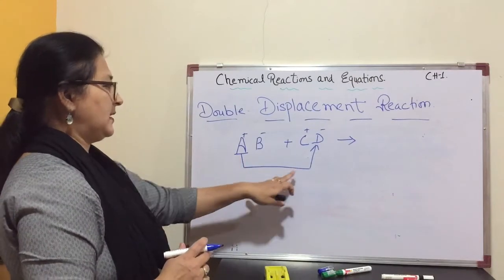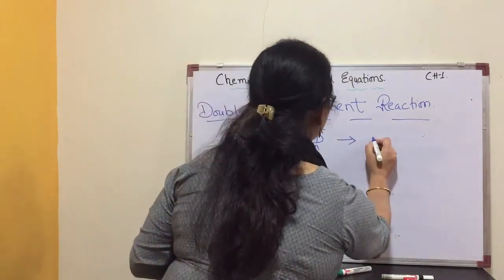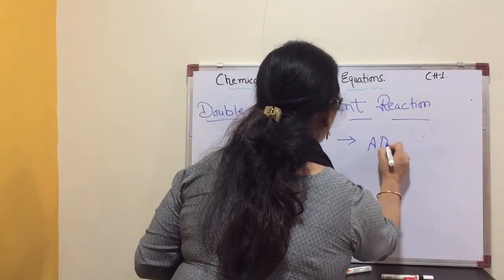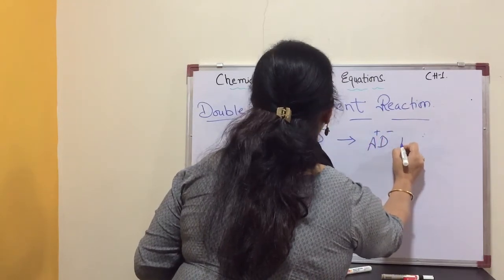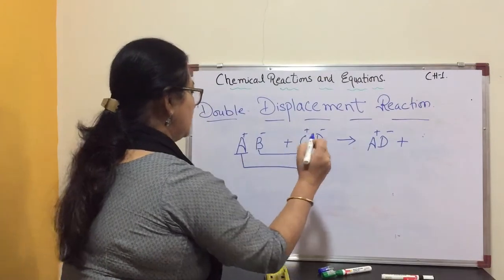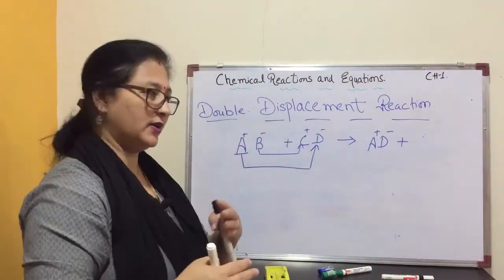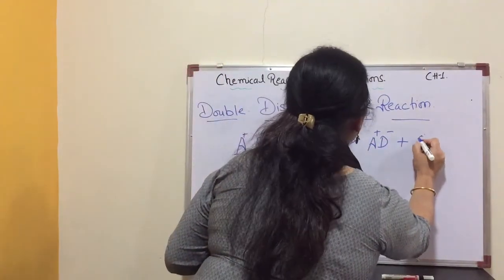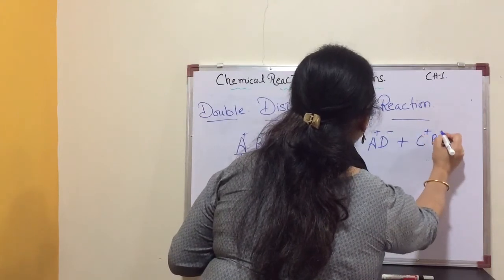So now A will be associated with D. So A plus, D negative. Now B will get combined with C. So C plus, B negative.